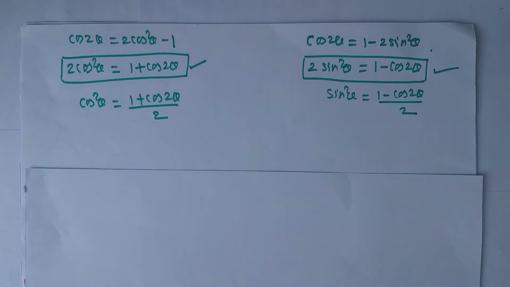In this way, in today's lecture we have seen the trigonometric functions of double angle, of submultiple angles, that is half angles, and of triple angles. You should remember all these formulae. The formulae for sin 2 theta, cos 2 theta, and tan 2 theta are very important.